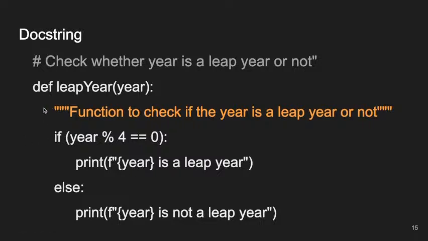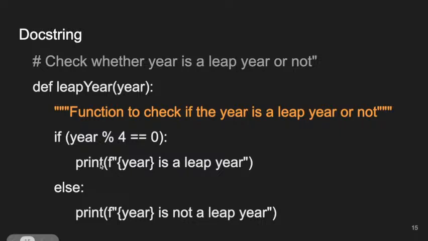These spaces let you know that these things are part of the scope of this leap year function. All right, and the same thing with your if statements and your loops. You have a colon, and then anything that is part of this scope will be indented. All right, so there will be a space to the right.